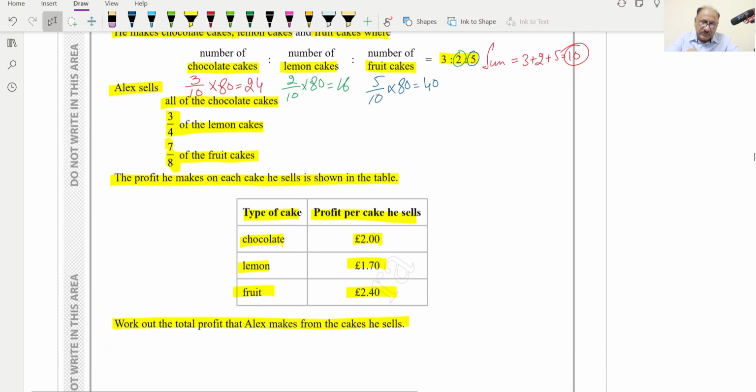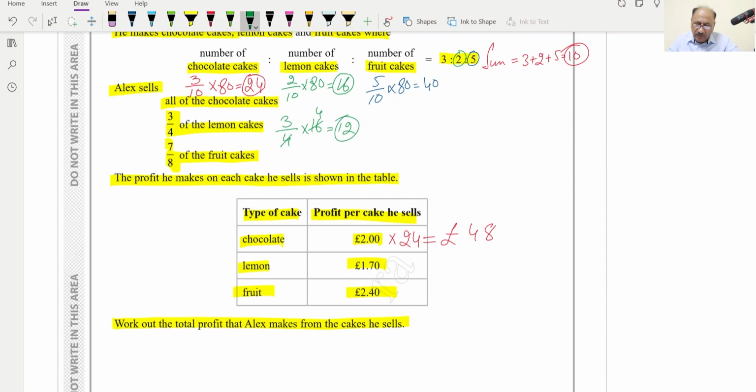Now these cakes, like 24, all are sold, so this will be multiplied by 24 for the profit calculation, and 24 multiplied by 2 will be 48, so it will be 48 pounds. Now 3 by 4 of these 16 are sold, so we calculate 3 over 4 of 16, and 4 4s are 16, so this will be 12.